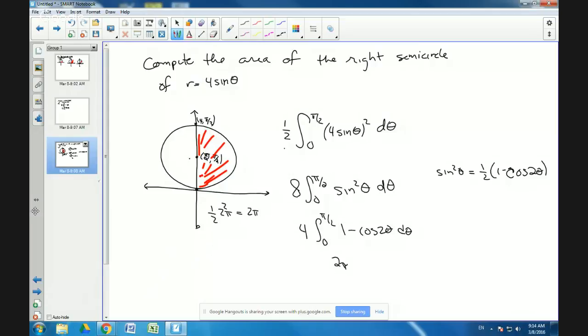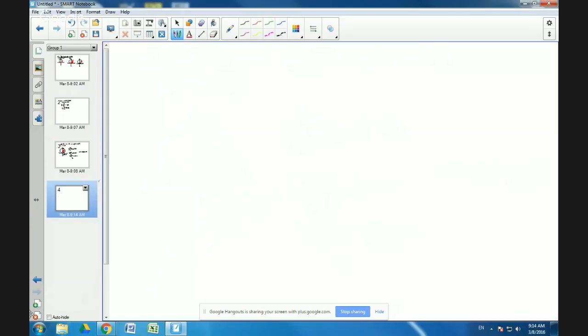Okay, so let's look at a more difficult one. The area between two curves.